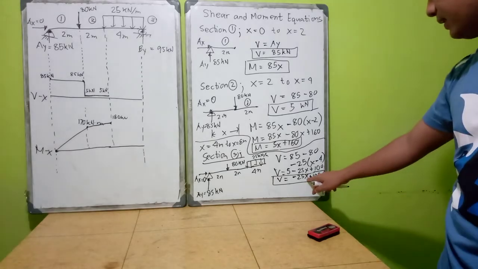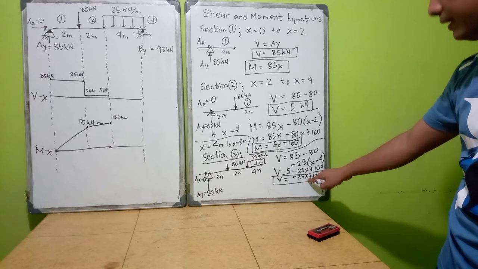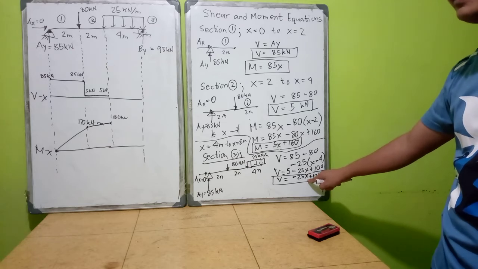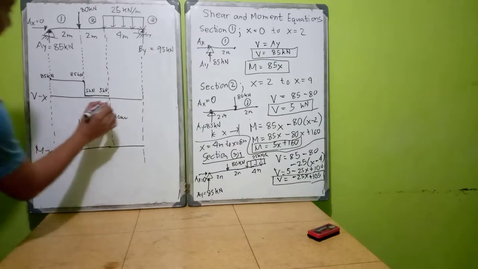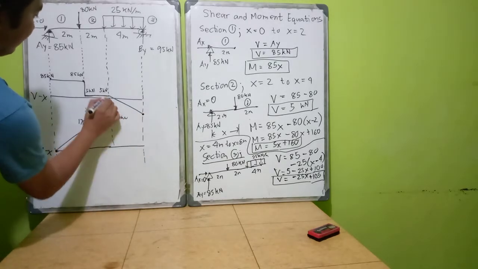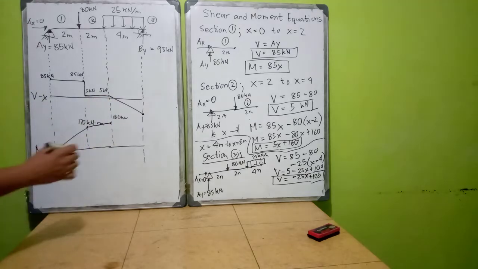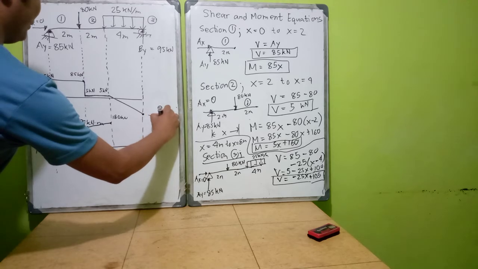And because it has a linear graph, because it is negative 25x, it will be linearly downward, which is negative 95 kilonewton.